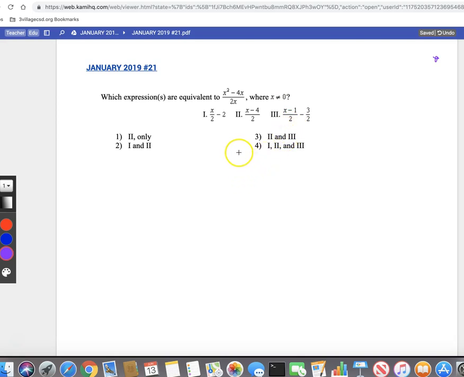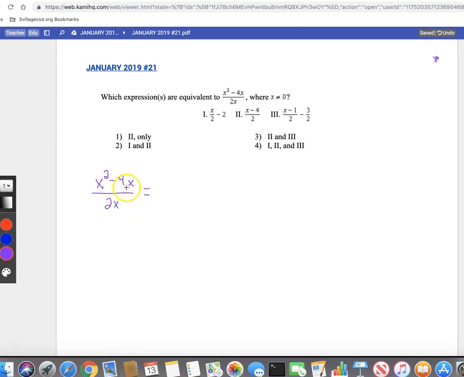To see which is equivalent to what we start off with, let's recall what we can do to simplify a rational expression. When trying to reduce a rational expression, we're not going to do any tabular division or box method.